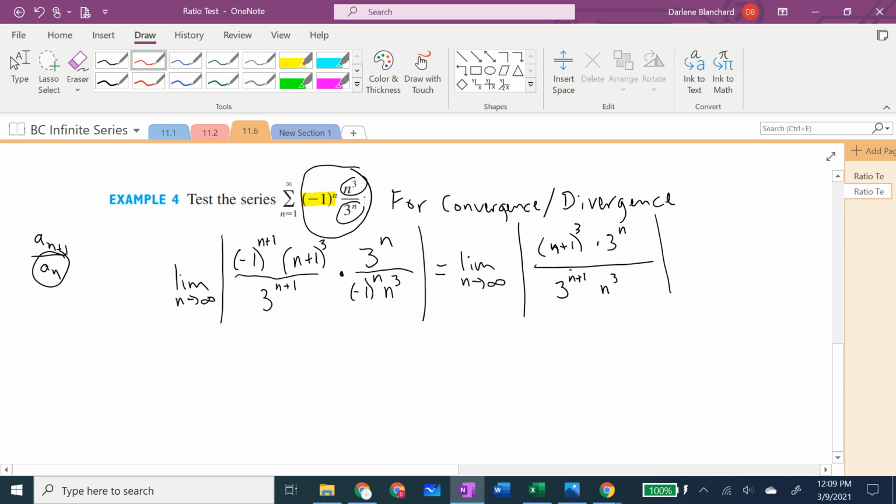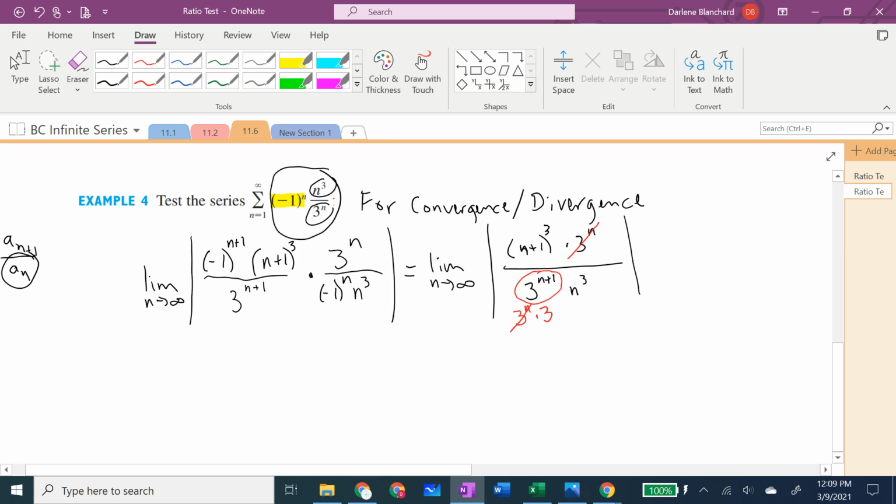3 to the n plus 1 is really 3 to the n multiplied by 1 more 3. So you can cancel the numerator multiplication by 3 to the n and the denominator multiplication by 3 to the n. And I'm going to now rewrite what we have.